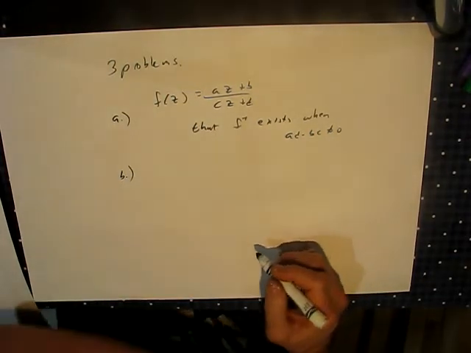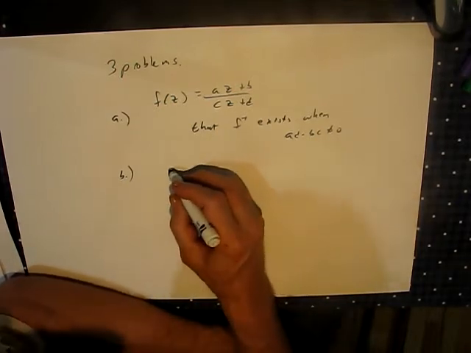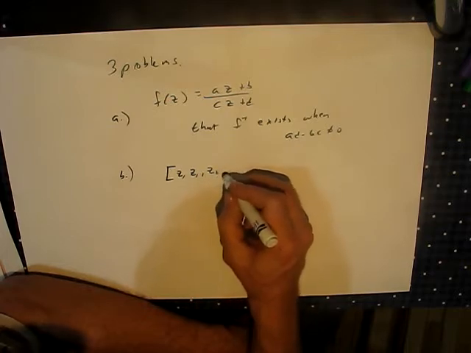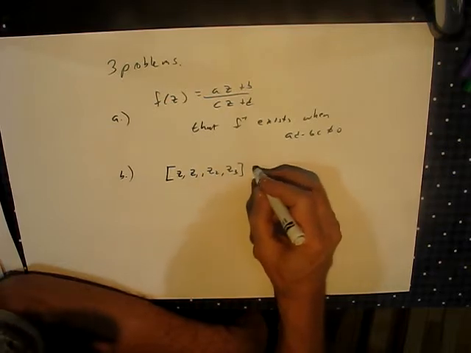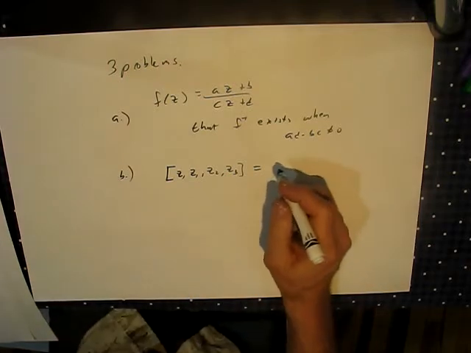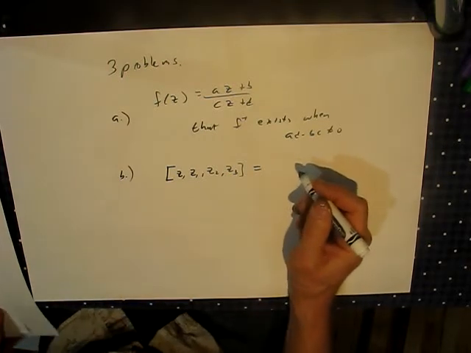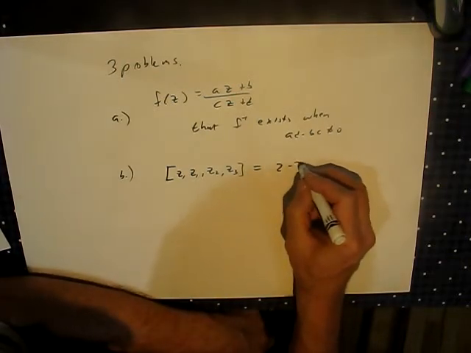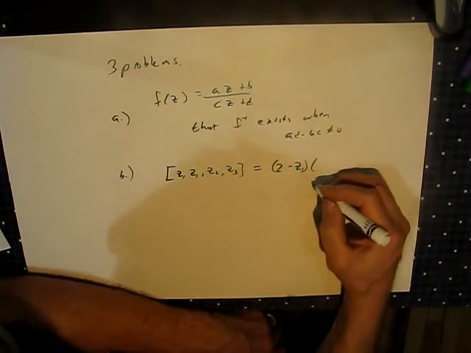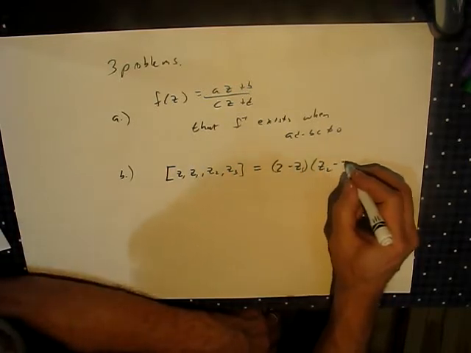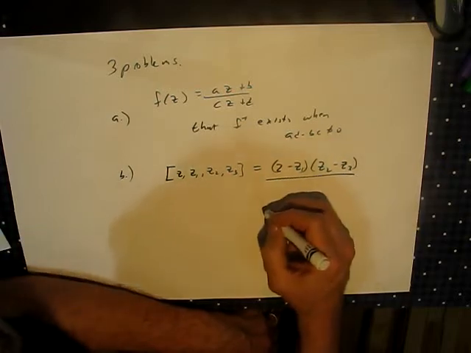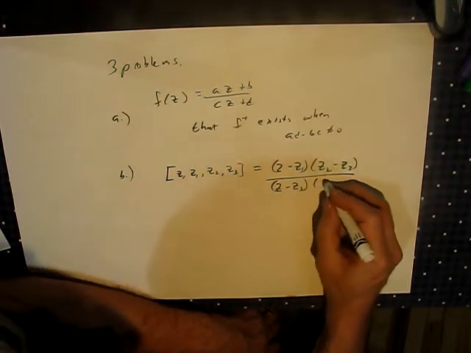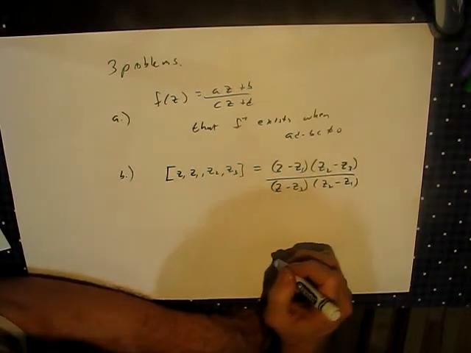Second, we're going to define a very strange symbol, (z, z1, z2, z3), as being equal to, and this is called the cross product notation, (z minus z1) times (z2 minus z3) over (z minus z3) times (z2 minus z1).